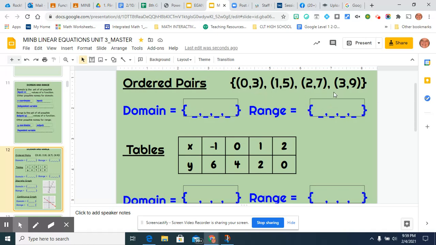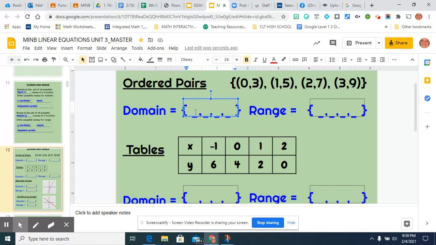So when I look at these coordinate points, 0, 3, 1, 5, 2, 7, and 3, 9, the domain is going to be 0, 1, 2, and 3.